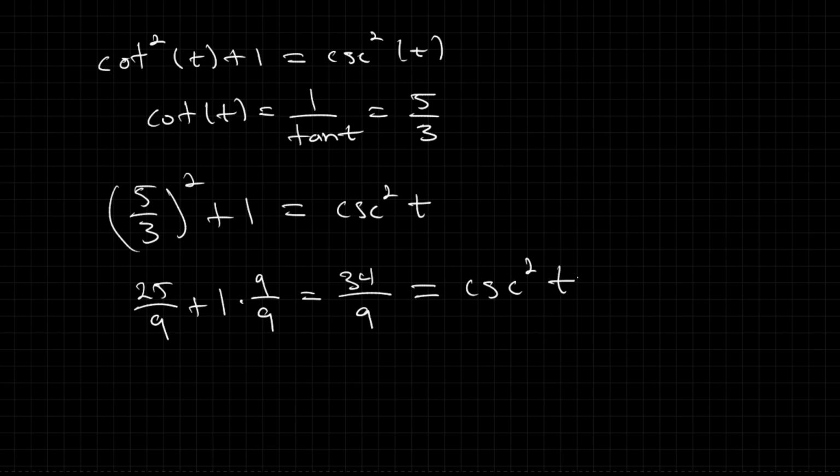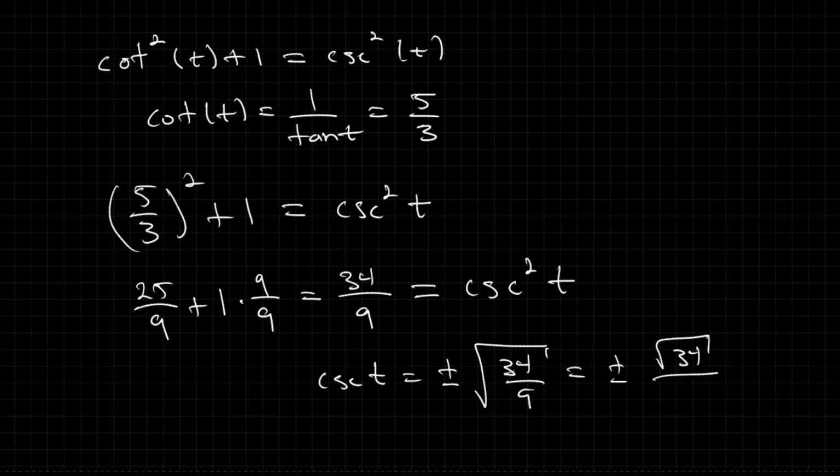And if cosecant squared of t is 34/9, then that means that cosecant t is plus or minus the square root of 34/9, which is plus or minus the square root of 34 over the square root of 9, which is 3.